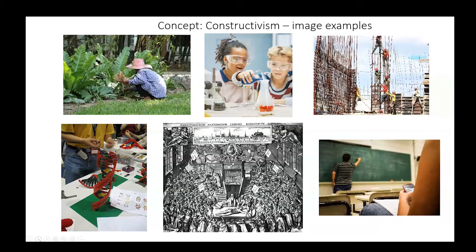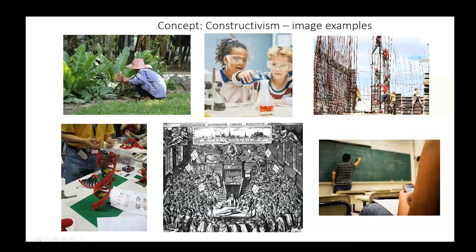Then there is this black and white image of a 19th century theater, where you can see a dissection of a cadaver, and that was a very common demonstration in terms of learning at that time in this specific space and in this specific way. And then you also have the teacher and the student there in the background. So to what extent can we acknowledge and consider teacher and students' roles.